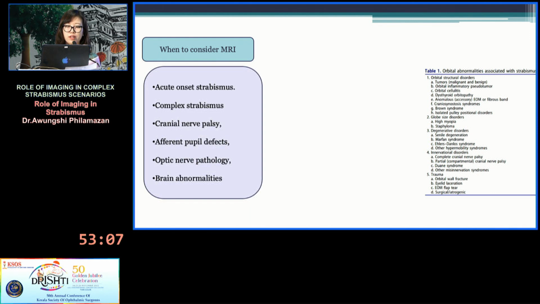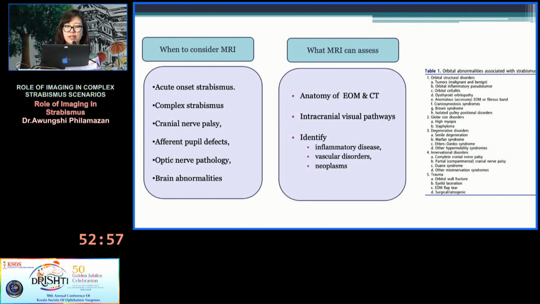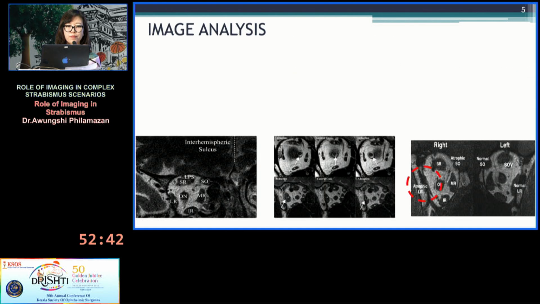When to consider MRI, like I've demonstrated before: acute onset strabismus, complex strabismus, any nerve palsies, and if we're suspecting any neurological issues. It helps us to assess the anatomy of the extraocular muscles and connective tissue, and also if there's any problem in the intracranial visual pathways and identify inflammatory vascular neoplasms. Also helps us to identify various orbital abnormalities, which I will not be going into detail.